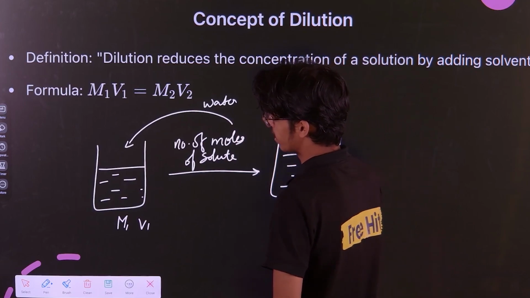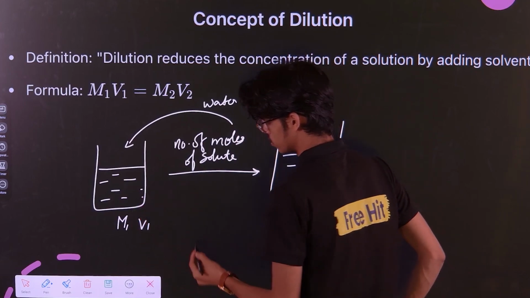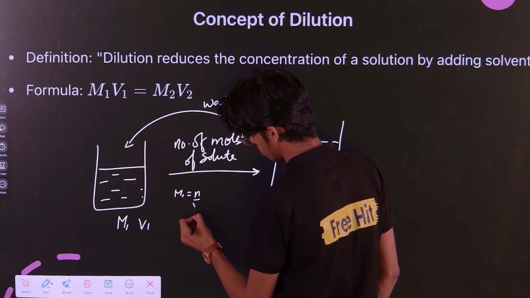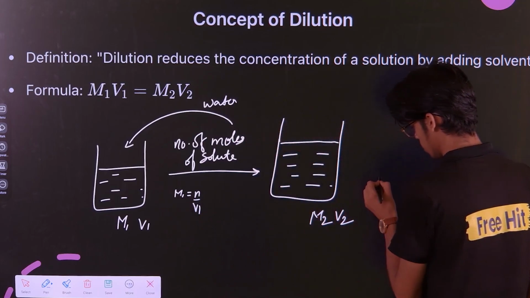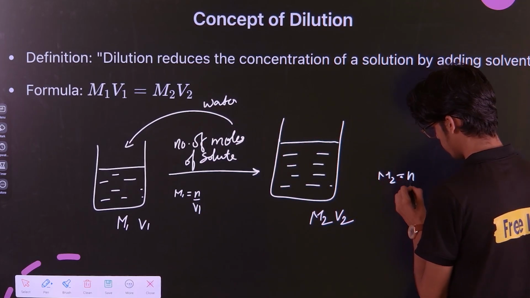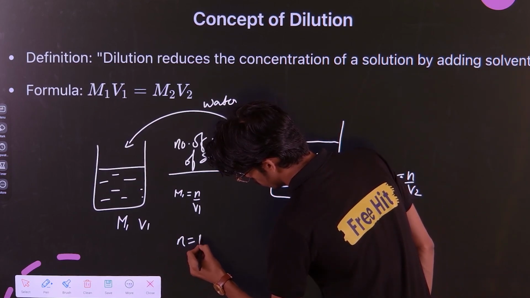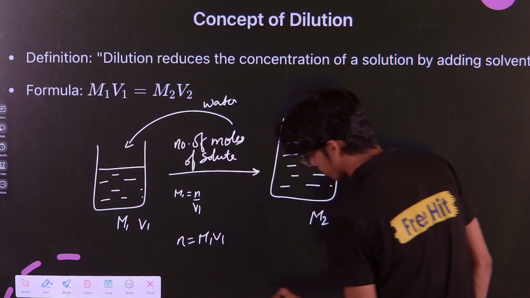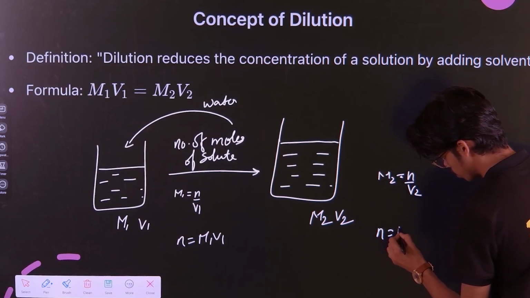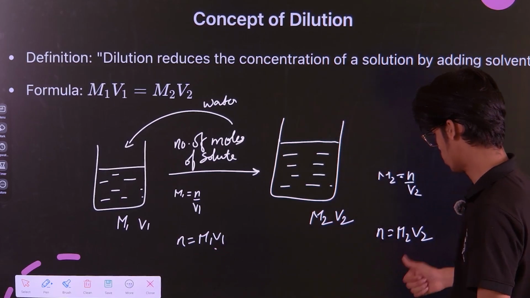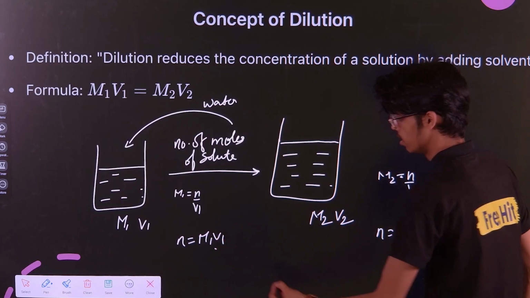So M1 is equal to n by V1, and here M2 is equal to n by V2, right? It means n is equal to M1 into V1. Here n is also equal to M2 into V2, right? Now you can see n is equal to this, n is equal to this. It means both of them should be equal.